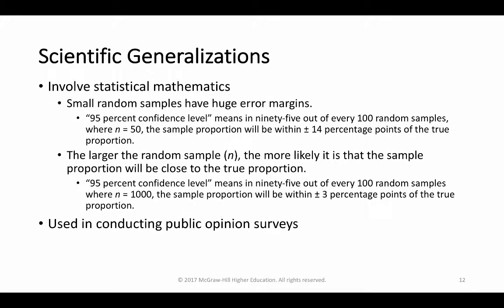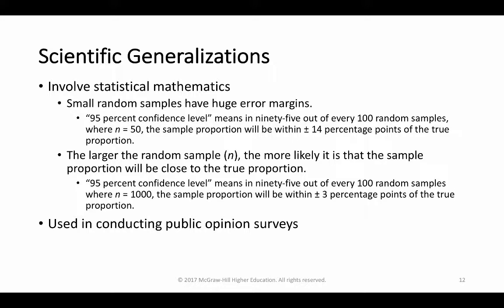If you look at Table 11.1 on page 350 in your textbook, you can see that for large populations, and by large they generally mean over 10,000, the smaller the random sample size, the higher the margin of error. This chart assumes a 95% confidence level that these percentages are accurate.